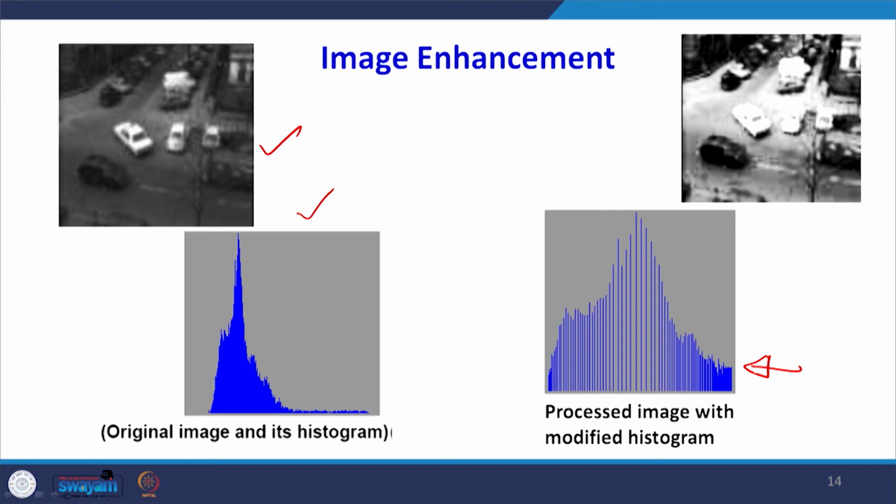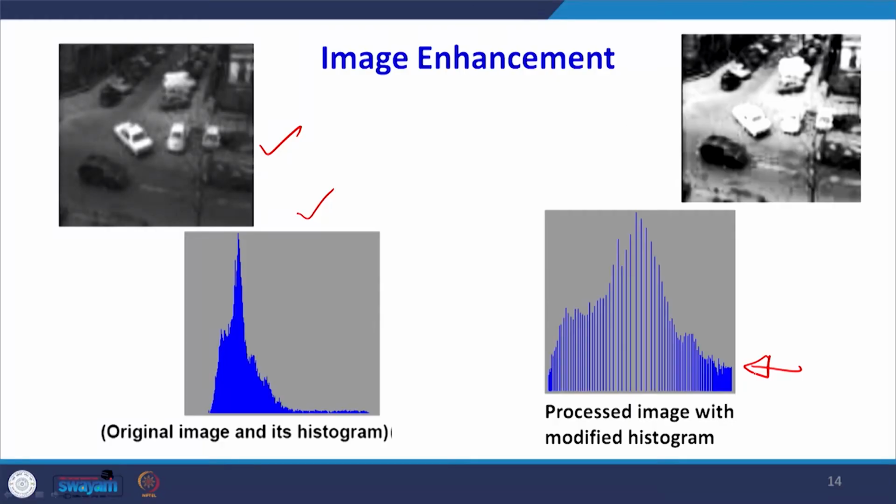Values are now spread all along the region, and if I display the image with these new enhanced values, I get better visibility. I can identify not only the vehicles but the surrounding features also. So my mapping work or measurement work becomes much better on this image.